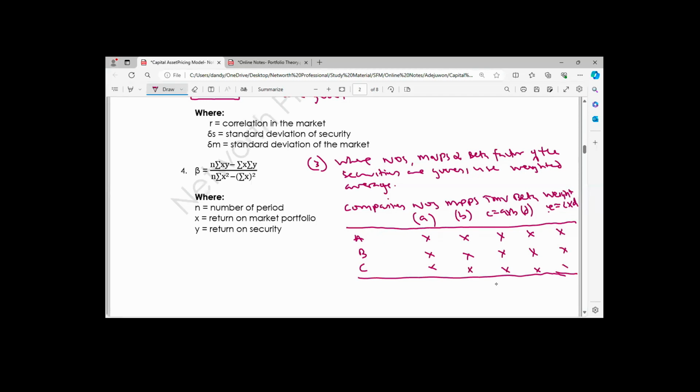So you have the total weights. Then you also calculate the total market value.